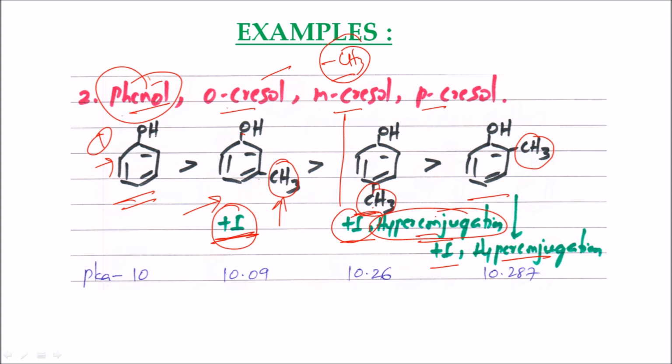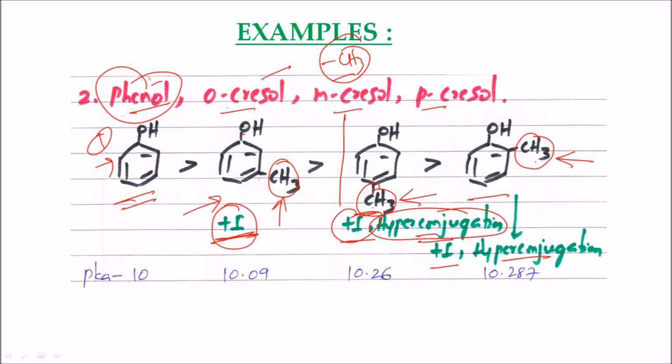You know, the plus I effect, as I said, depends on distance. If it is close to the group, the effect will be more pronounced, right? In the case of para, it is far away, at the highest distance, whereas in the case of orthocresol, it is closest to the hydroxy group.